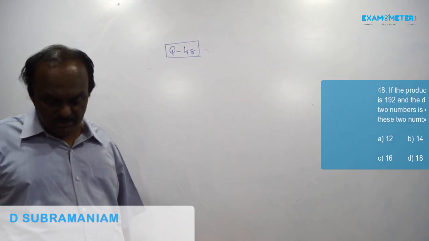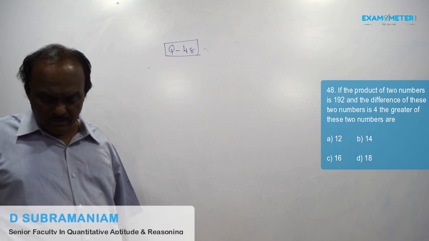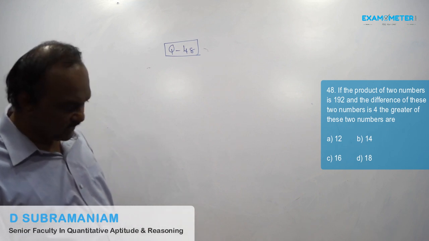48th problem. If the product of two numbers is 192 and the difference of these two numbers is 4, the greater of these two numbers is.